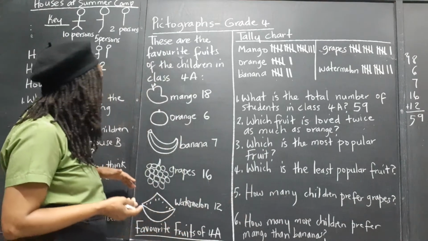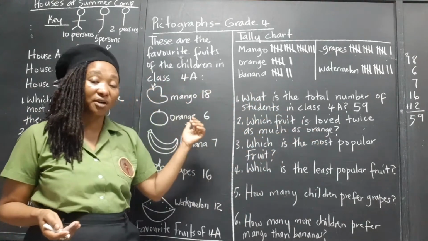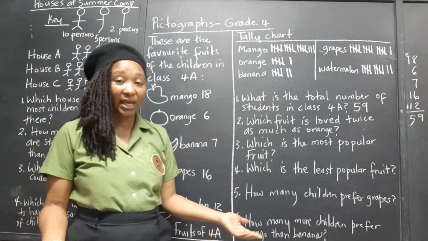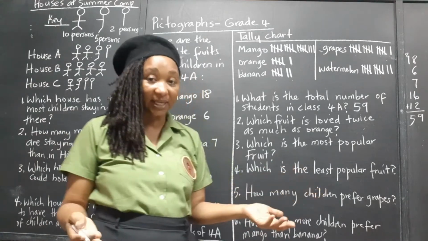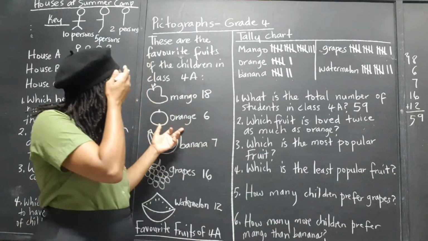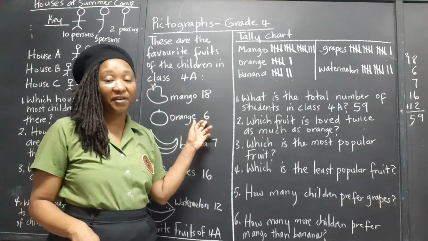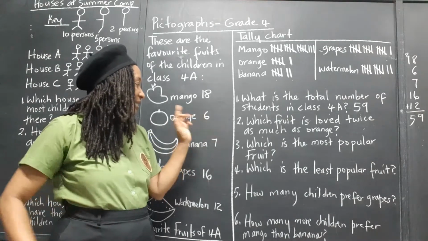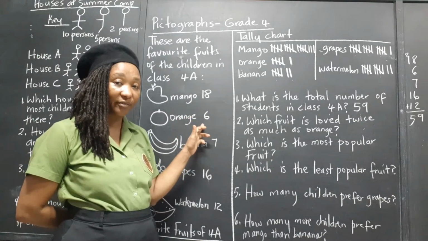So let's find orange. They are referring to orange, so first we need to go to orange to see how many liked orange before we can decide which other fruit was liked twice as much. So 6 children said their favorite fruit is orange. Twice 6, 2 times 6 is 12.